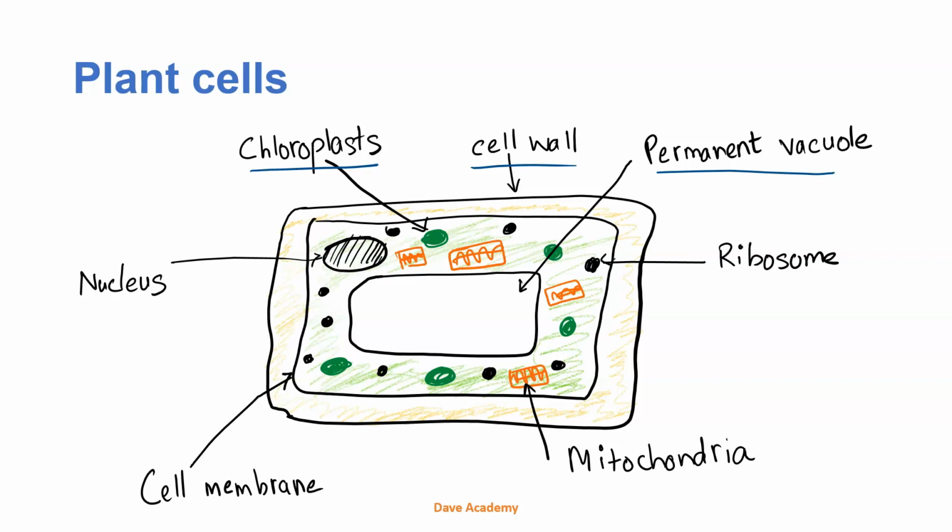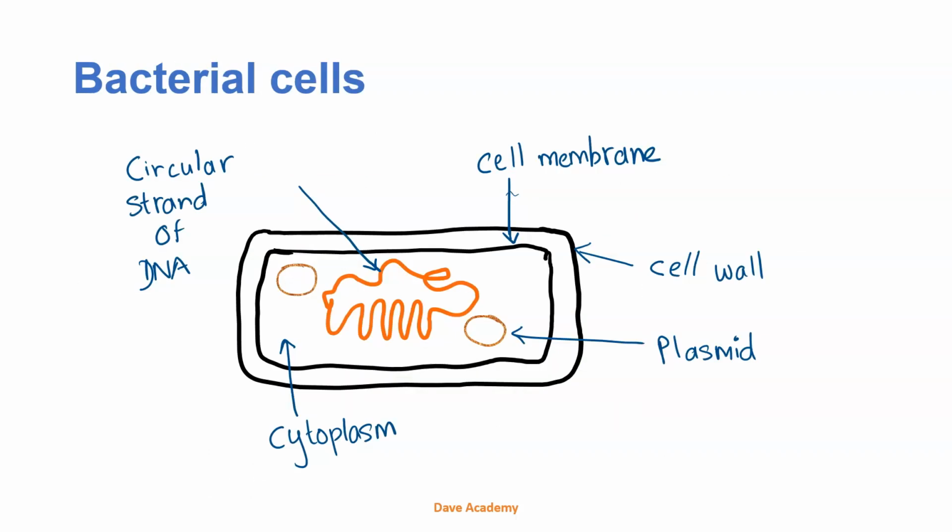Now, bacterial cells are one of the simplest cells that we know of. Can you describe the structure of a typical bacterial cell? So, bacterial cells are generally prokaryotic cells. It has a cytoplasm. It has a cell membrane surrounding it, but it does not contain a true nucleus.